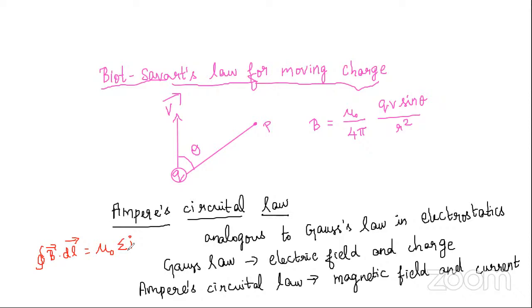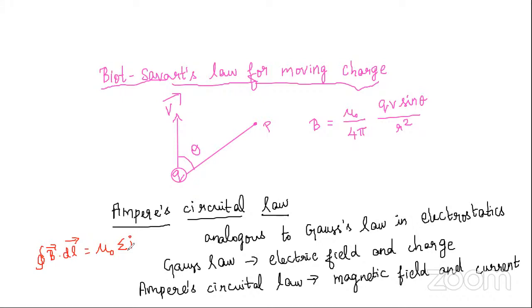And instead of applying Biot-Savart law and going for some rigorous calculations, you can use the Ampere circuital law and find out the magnetic field. So this is how you need to use the Ampere circuital law.